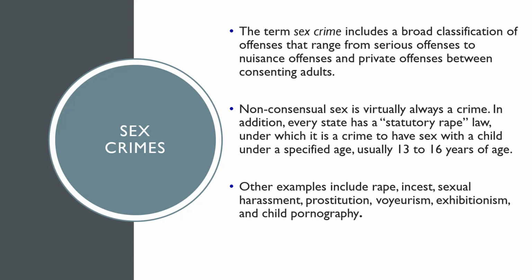Now, some other examples, including this, are incest. So even if you had a 35-year-old sibling or a 50-year-old adult having sex with a 30-year-old child, it's still a sexual act. It's still a forbidden sexual act. It's still a crime. We have sexual harassment.